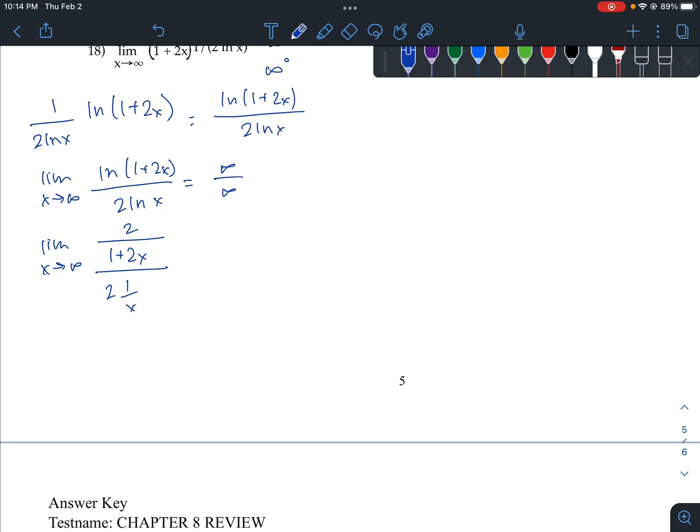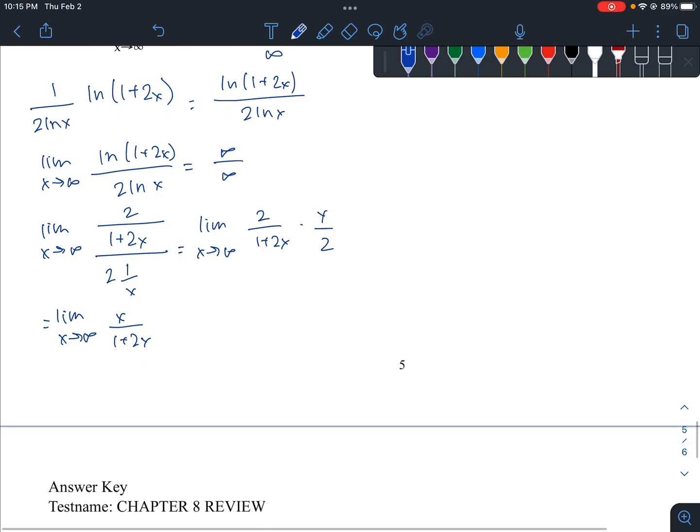Yeah. Okay, so I'm going to use keep change flip, so the limit as x approaches infinity of 2 over 1 plus 2x times x divided by 2. Those are going to cancel, so I get the limit as x approaches infinity of x over 1 plus 2x. And if I apply my limit, I'm going to get infinity over infinity.